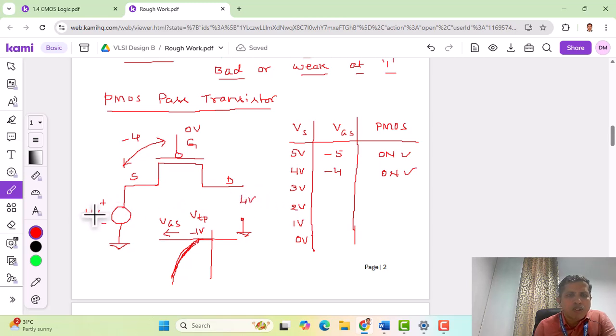Even with 3 volts, we get 3 volts. With 3 volts at source, minus 3 volts will be the VGS. Still the transistor is on.